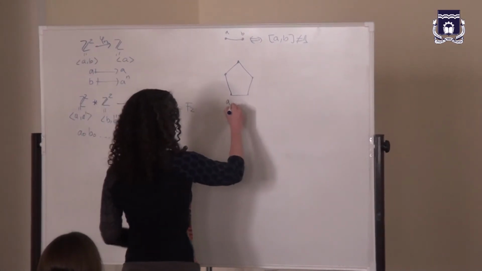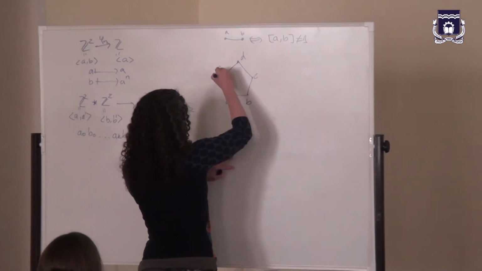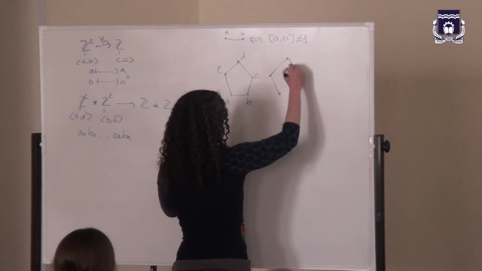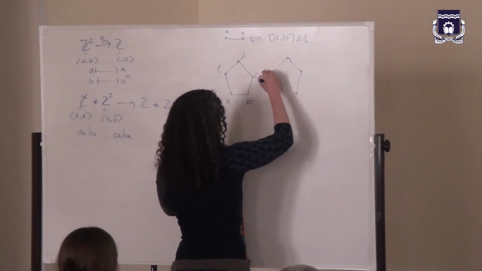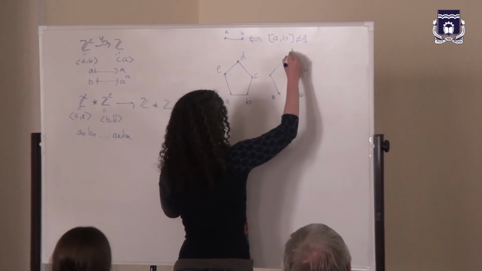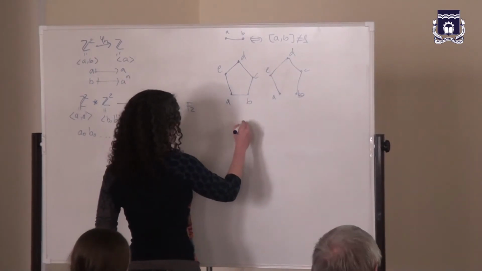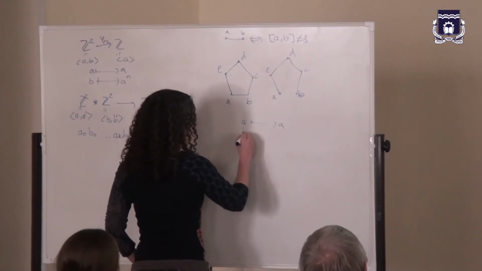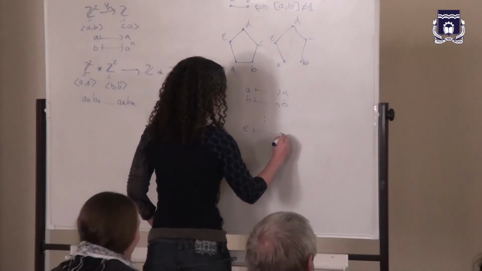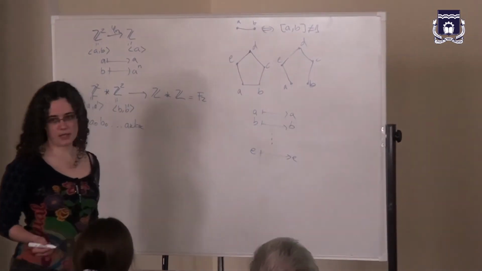Okay, I give you this group. I give you the obvious map. A equals A, B equals B, and so on. B equals E. The question is, is this an embedding?